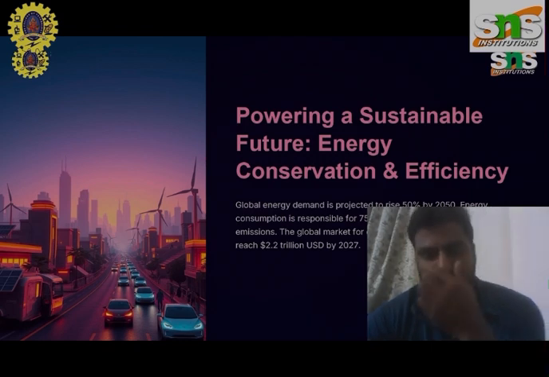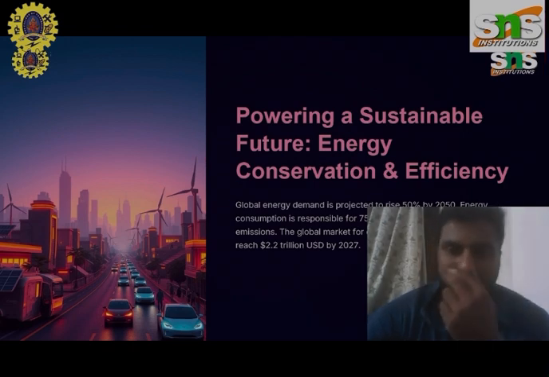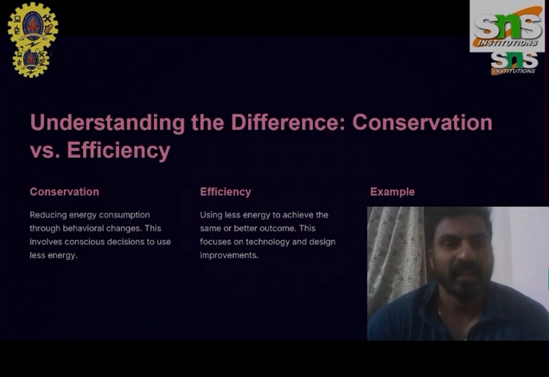So energy conservation or energy efficiency is the major thing we need to concentrate on. First we need to understand the difference between conservation and efficiency. Conservation is entirely different from efficiency, but some people confuse them as the same. Conservation is nothing but reducing energy consumption through behavioral changes.